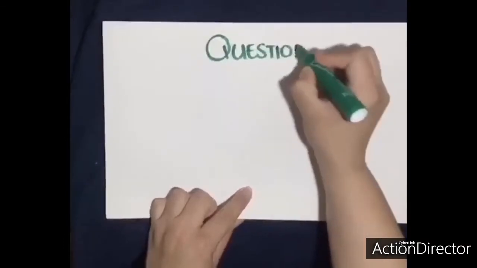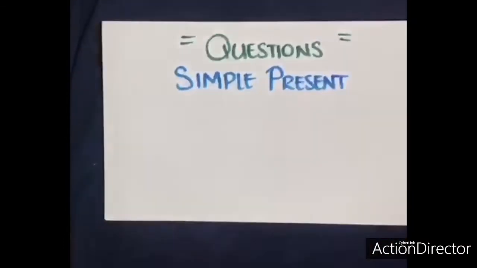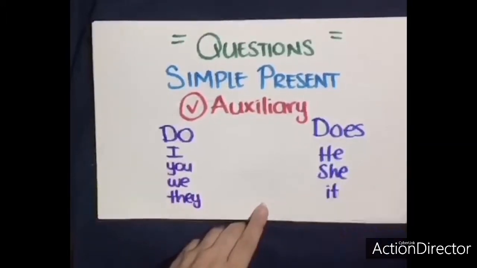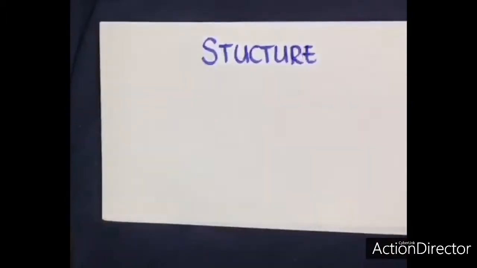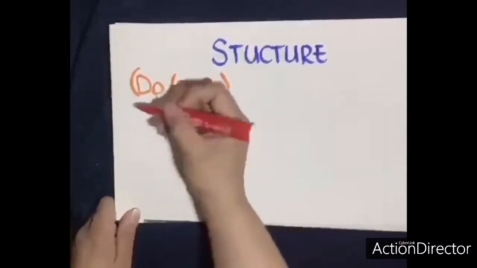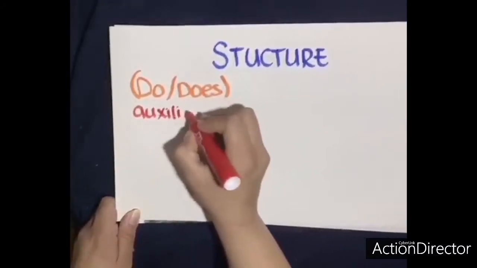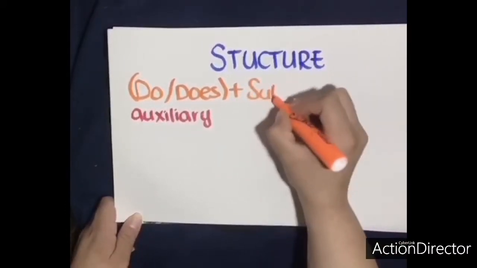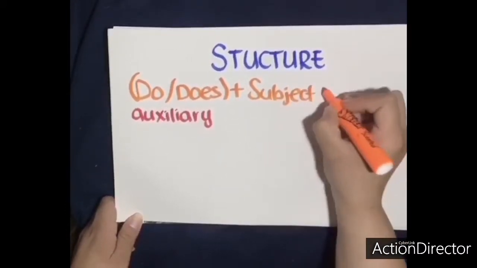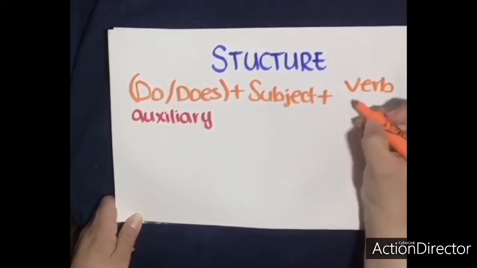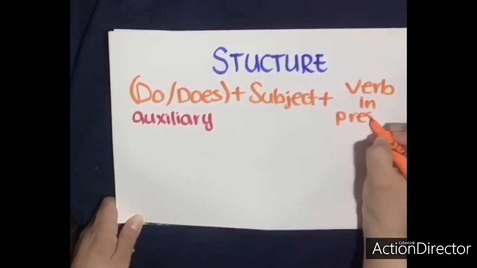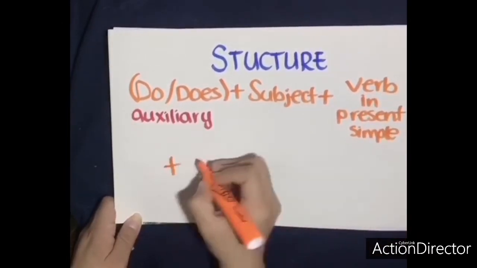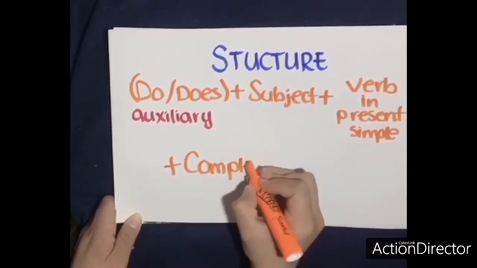Now we're going to see how to make questions with simple present, with auxiliary do for the pronouns I, you, we, they, and does with he, she, and it. In the simple present tense, our auxiliary verb starts this structure, that is, do or does, plus our subject or a noun, plus the verb in present simple or the simple form, plus the complement.